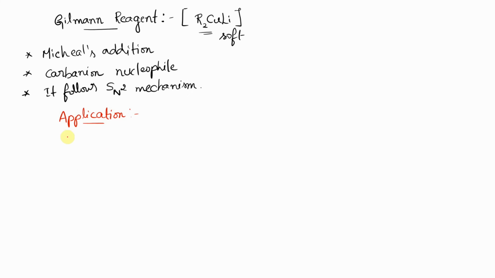That is because it supports carbon-carbon coupling reactions. That is, the alkyl or aryl group present in the Gilman reagent is transferred to the substrate which we are treating this reagent with. It usually supports the carbon-carbon coupling reaction.